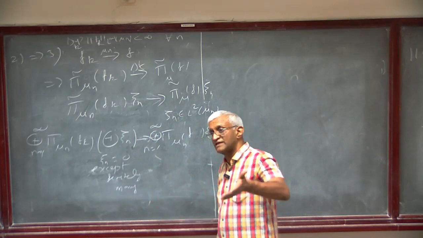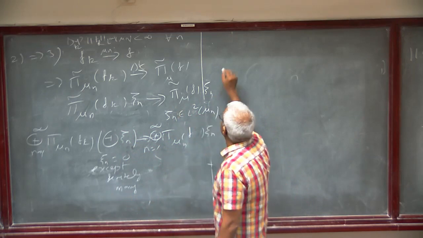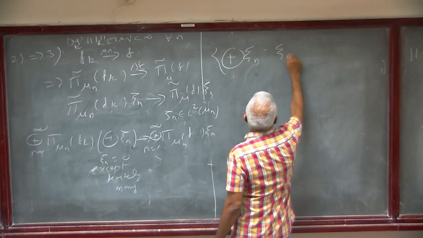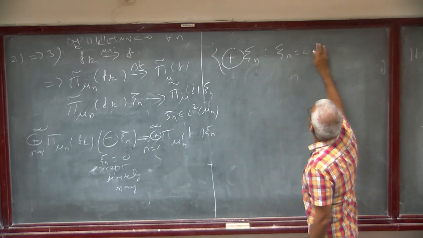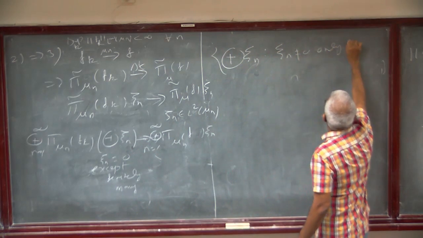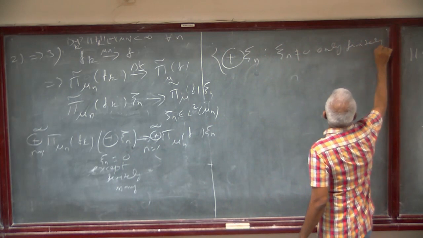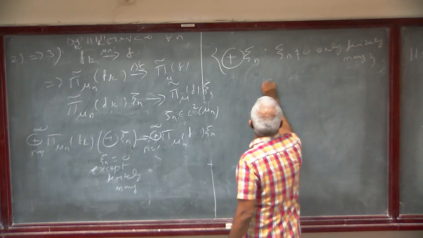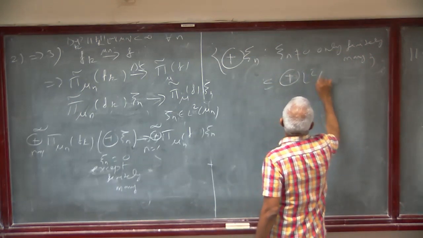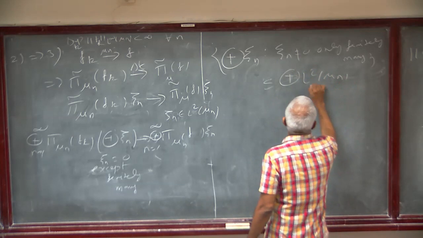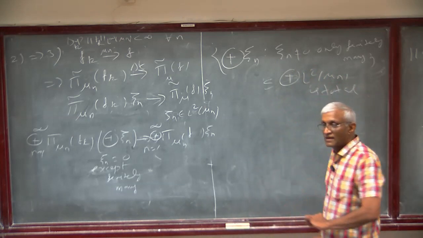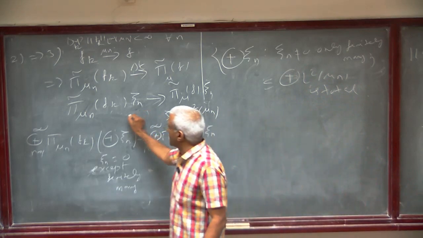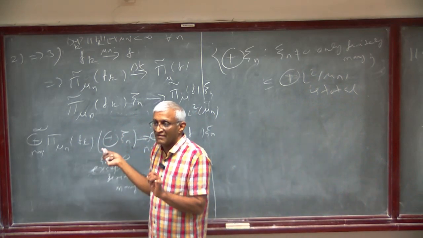Okay, that is a total set in the direct sum of L2 mu n, of elements like this with xi n equal to 0 for all but finitely many n. This is the total set contained in the direct sum of L2 mu n. So this happens on a total set, and these operators are uniformly bounded in k.